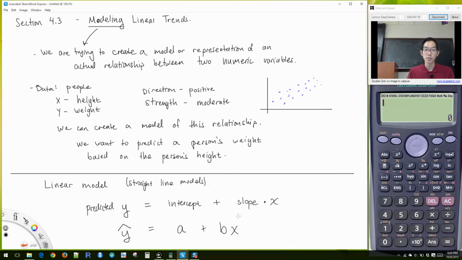This gives us an equation of a line, which is simply a model of the relationship between x and y.